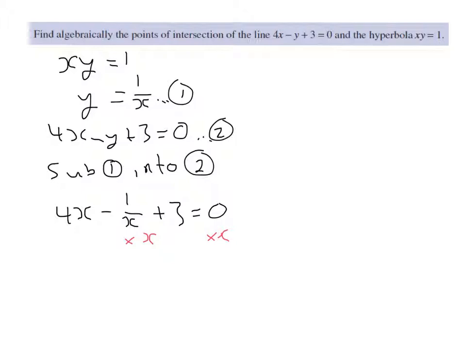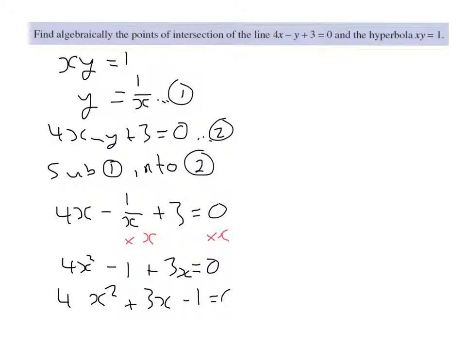That gives me 4x squared minus x times 1 over x, which is 1, plus 3x is equal to 0. If I rearrange that, I have 4x squared, no, that should be 3x, plus 3x minus 1 equals 0.